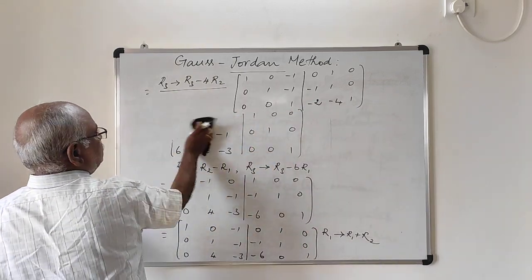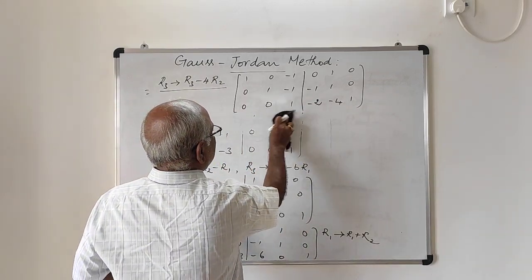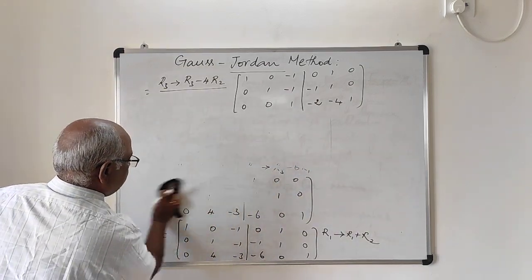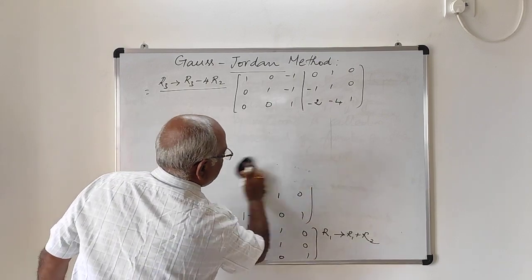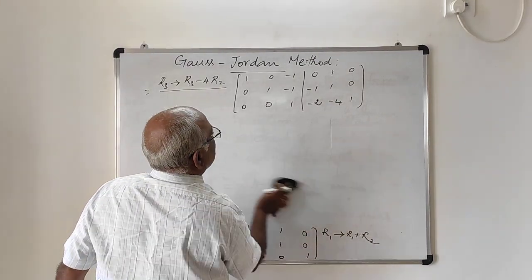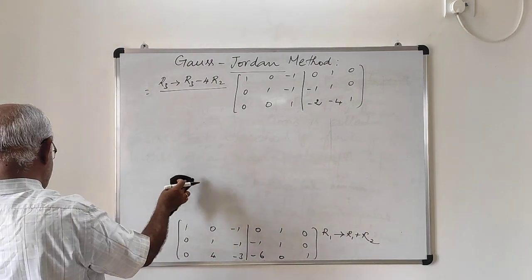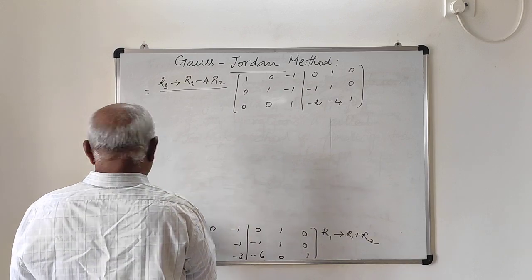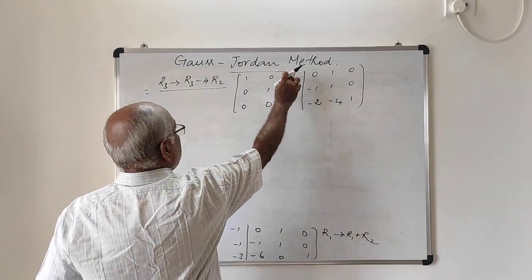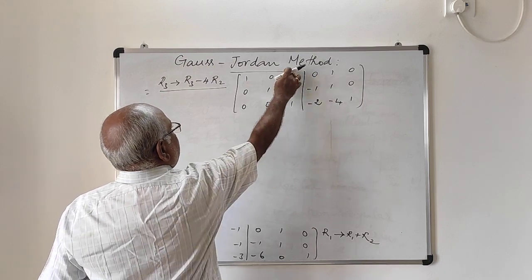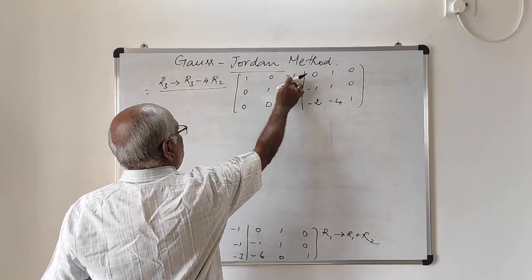Next. Now you have to do R1 plus R3. If you add R1 plus R3, this becomes 0, because 1, 0, 0 you want.